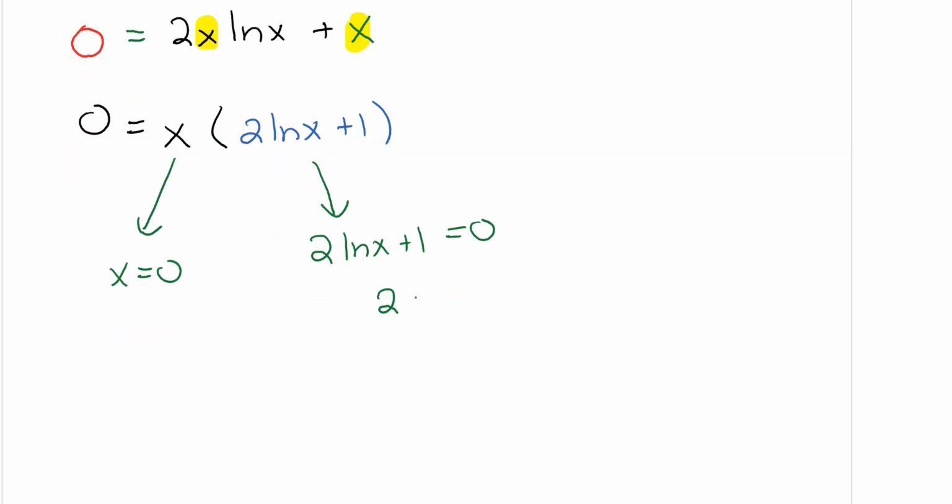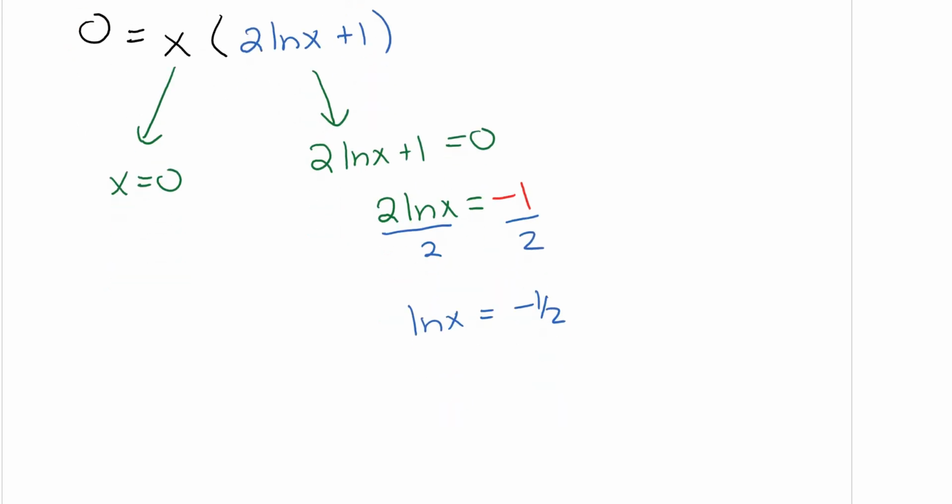In order to solve this, 2 ln x equals negative 1, and then I divide both sides by 2. So now I have ln x equals negative 1/2. To get rid of the ln, the trick is you raise everything to the power of e. That cancels it off, giving you x equals e to the power of negative 1/2.